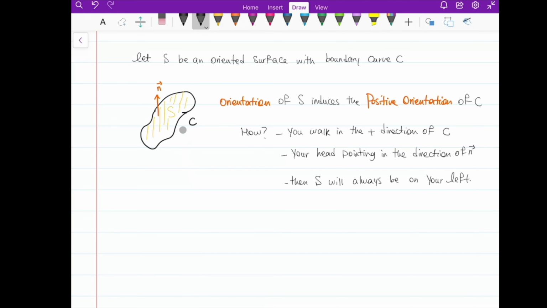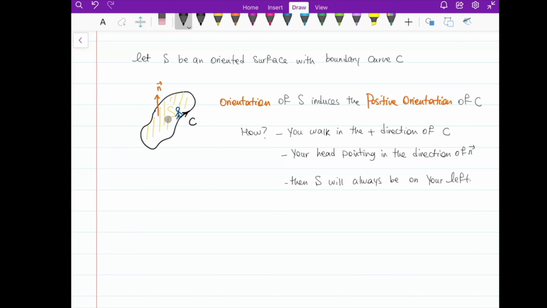Okay, so I say that I have a surface S that is orientable, which means that I have an orientation N here, and then this orientation induces an orientation on C. How? If I walk in the positive direction of C, and my head is pointing in the direction of N, the surface S should be on my left.